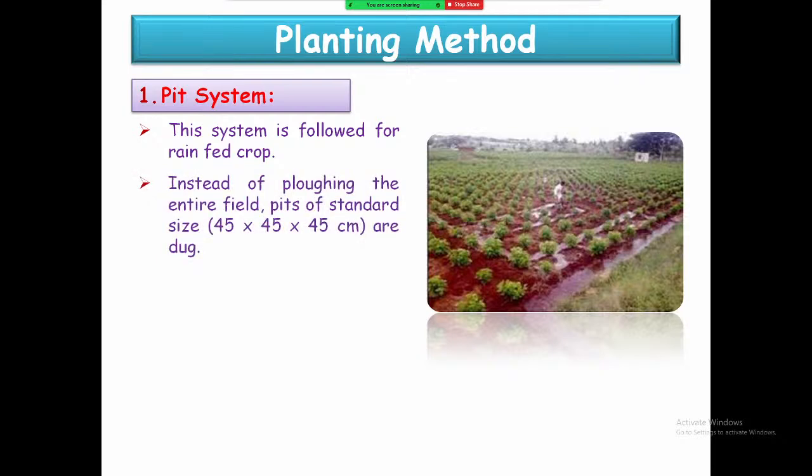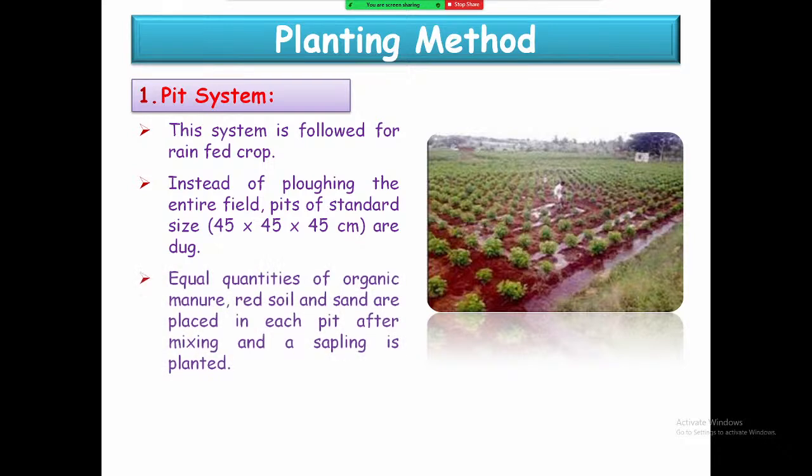So here you can dig out the pit size of 45 into 45 into 45 centimeter, means length 45 centimeter, the width is 45 centimeter, and the depth of the pit is 45 centimeter. Okay, then you can mix equal quantities of organic manure, red soil, and sand in each pit.